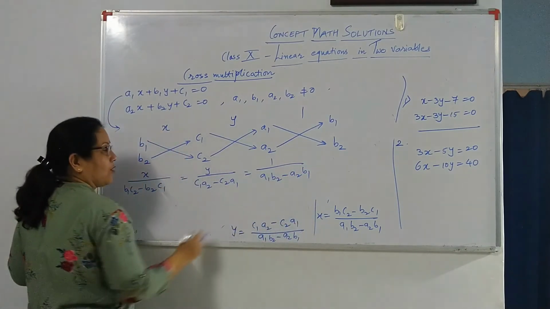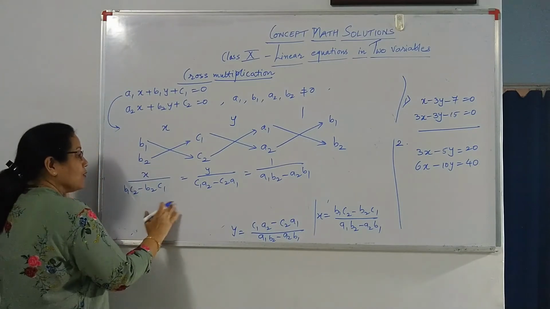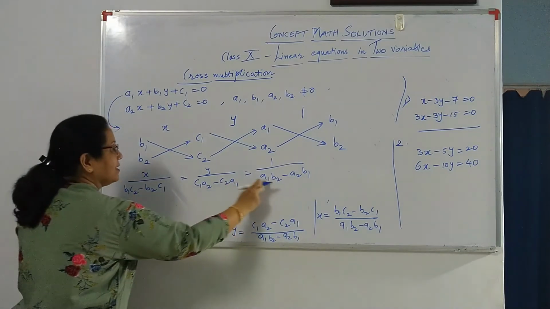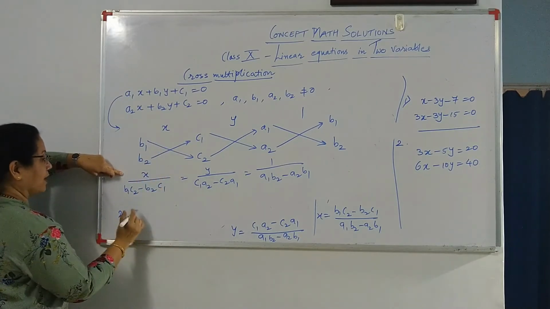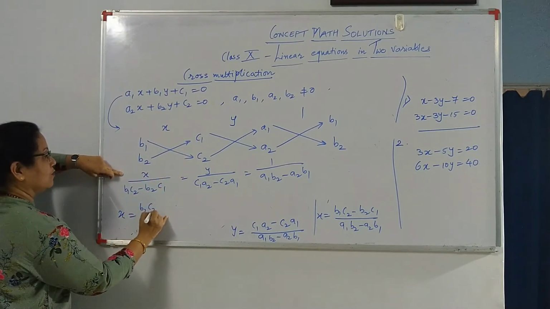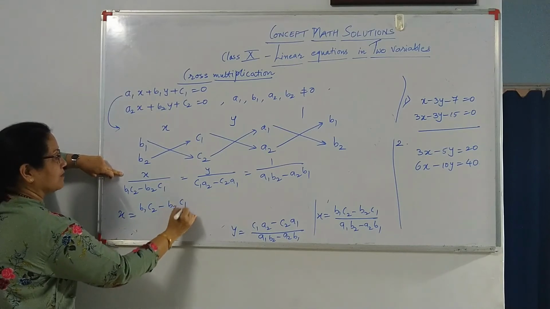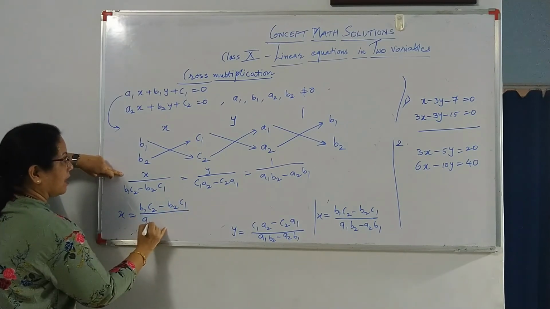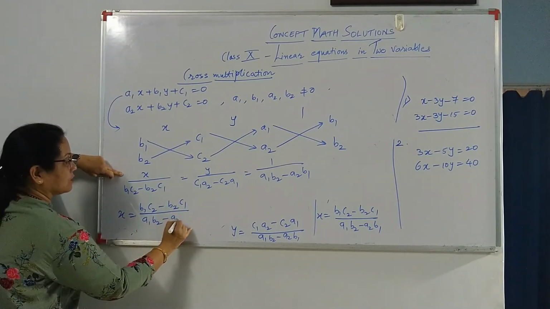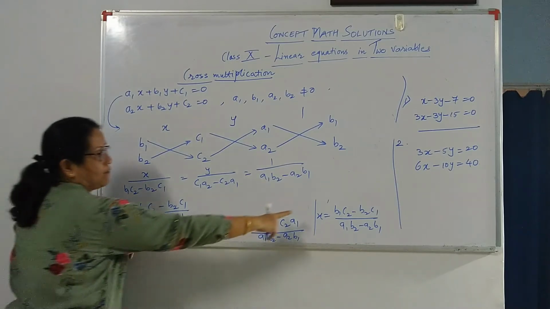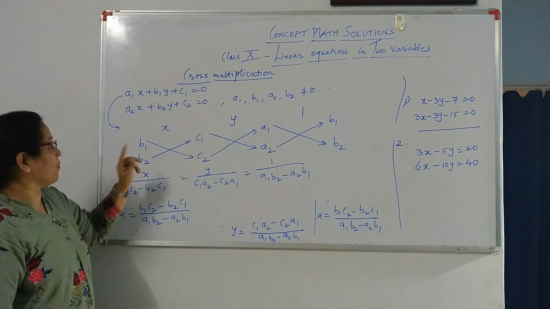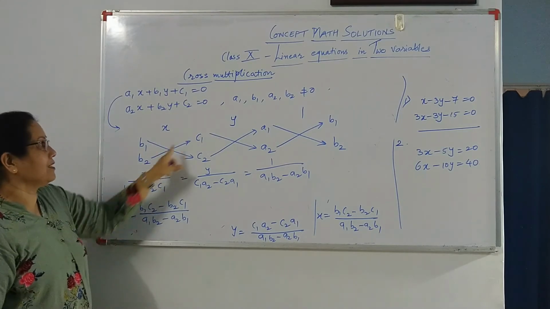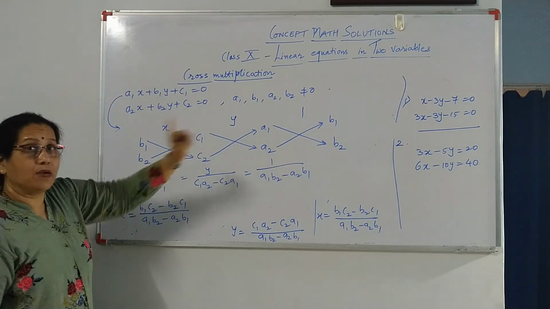Now this is all constant. So I will use this and this. So x, this will go in the numerator. So x is equal to b1 c2 minus b2 c1 upon a1 b2 minus a2 b1. Same formula, right? So if you make this, you get the formula. x is b1 c2 minus b2 c1, and that's the common denominator.